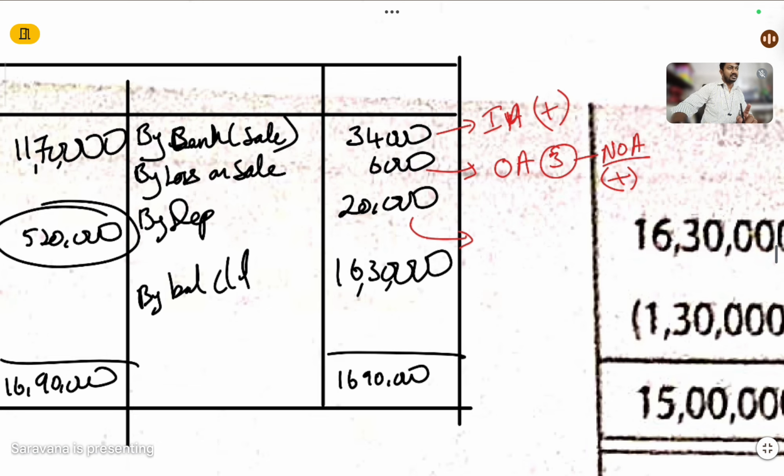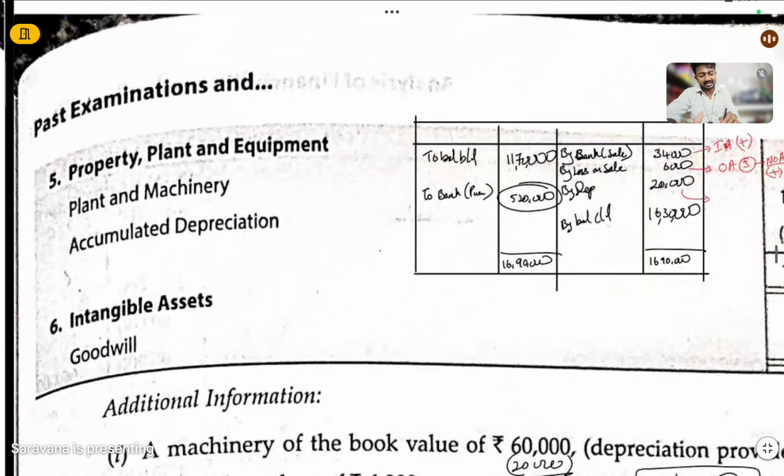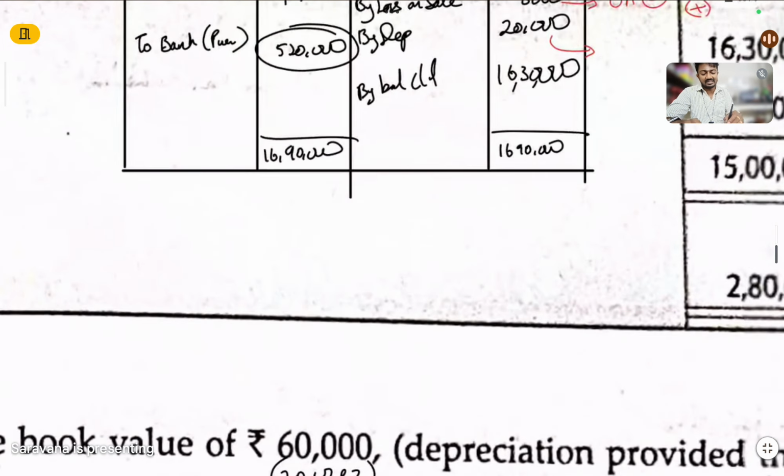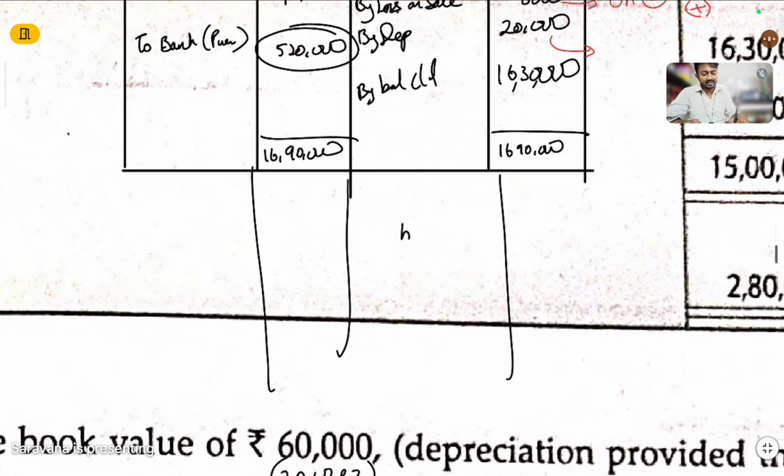Actually, this depreciation should not be taken because there is an accumulated depreciation. Whenever there is accumulated depreciation, what should we do? We should create the ledger. Opening on the debit side, closing on the credit side.